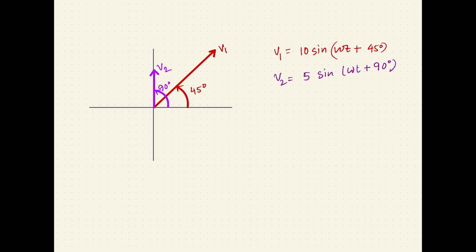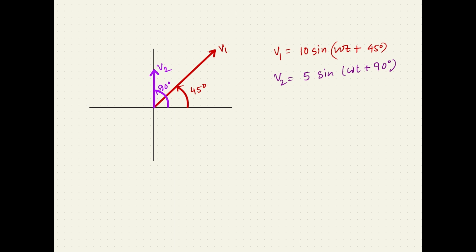Here V1 has a length of 10 and its initial phase is 45 degrees, so it will be represented by this red phasor. And for V2, it has a length of 5 since the peak value is 5, and its initial phase is 90 degrees, so its phasor angle will be 90 degrees.